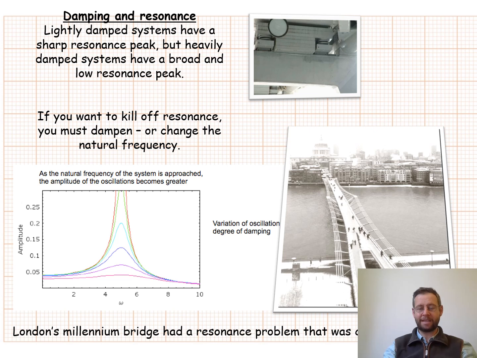So a heavily damped system will not respond just to one driving frequency, but becomes susceptible to a broader range of driving frequencies, but the effect is not as exaggerated. The peak is not so high as in a lightly damped or undamped system.